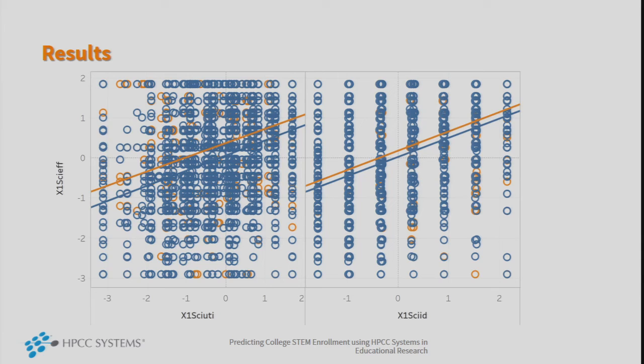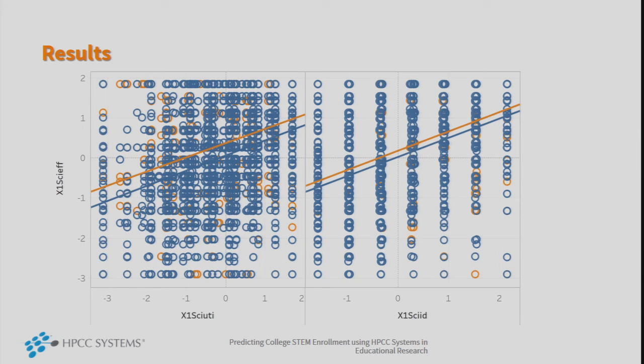The orange circle implies students that have a consideration to enroll in STEM, and the blue color is for students who do not want to enroll in STEM.